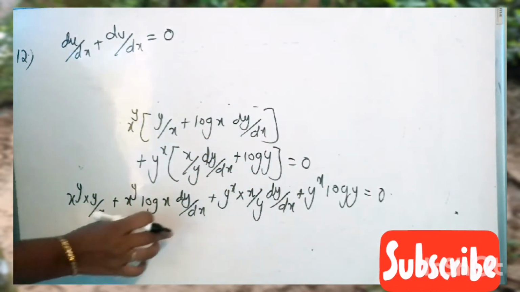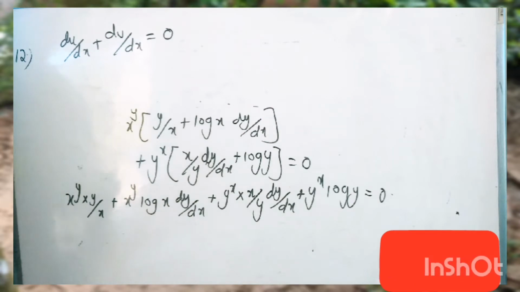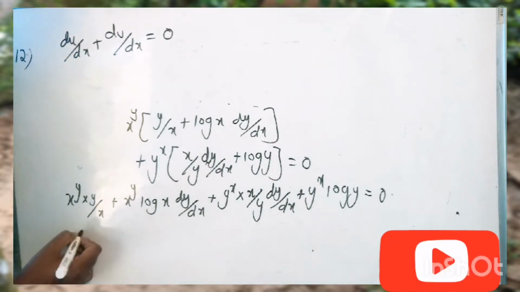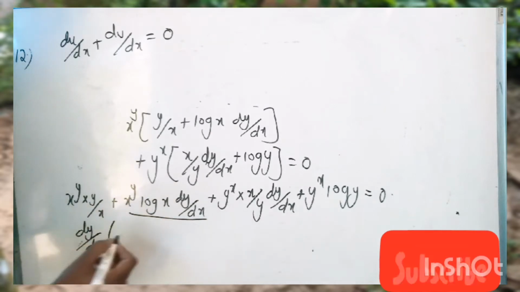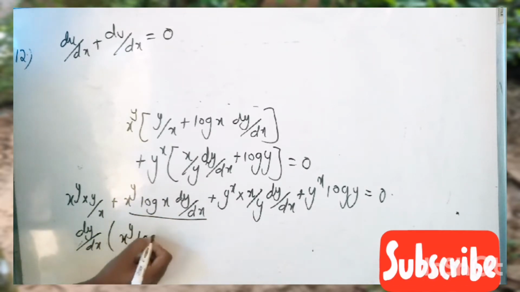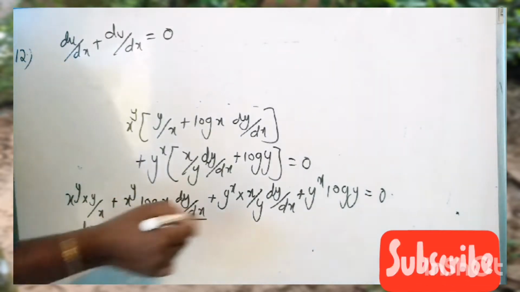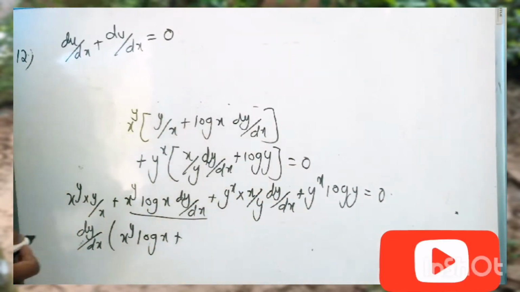Okay, now take all the terms which contain dy by dx together. That is dy by dx into, this is our first term, that is x raised to y into log x plus. And this is the second term which contains dy by dx.